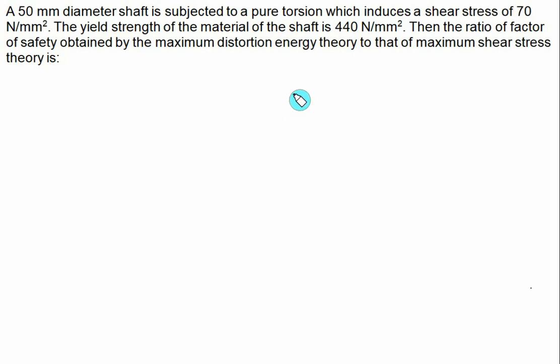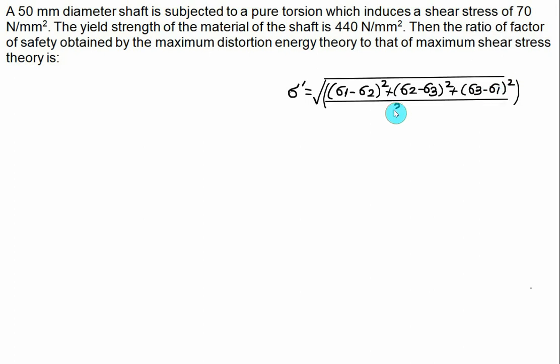energy theory, and we have von Mises stress, sigma prime, given as under root of sigma 1 minus sigma 2 whole square plus sigma 2 minus sigma 3 whole square plus sigma 3 minus sigma 1 whole square, and is divided by 2.